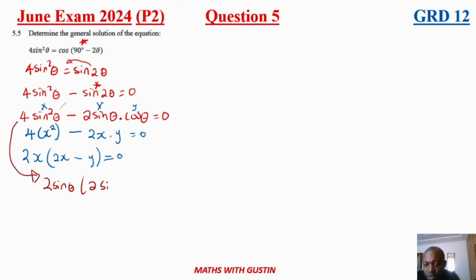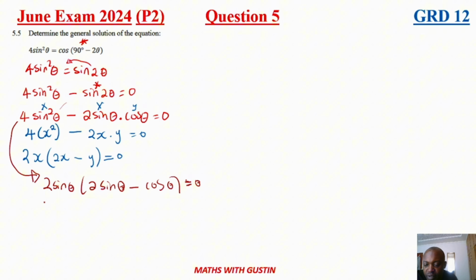We're gonna be left with 2 sine theta minus y, no, sorry, minus cos theta is equal to 0. And that's how you would deal with this one. Just applying simple basics, guys, you can already see.